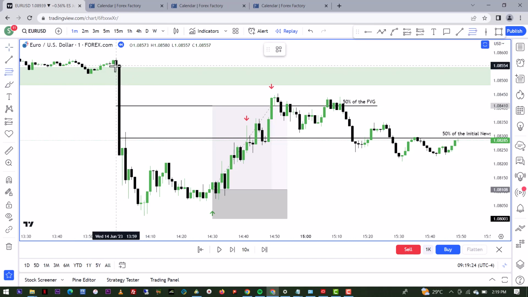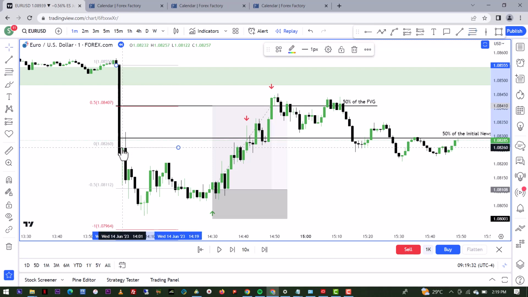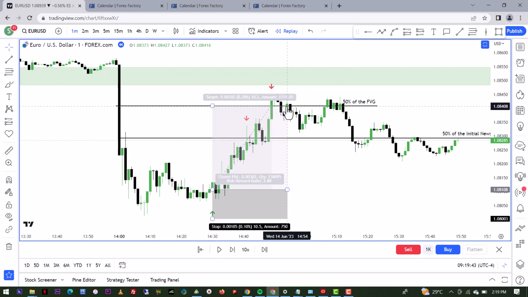So I'm going to measure this from here down to here. Now remember, I'm using this candle. So this is the 50% of this fair value gap. So that is where you can put your second partial or your full profits.